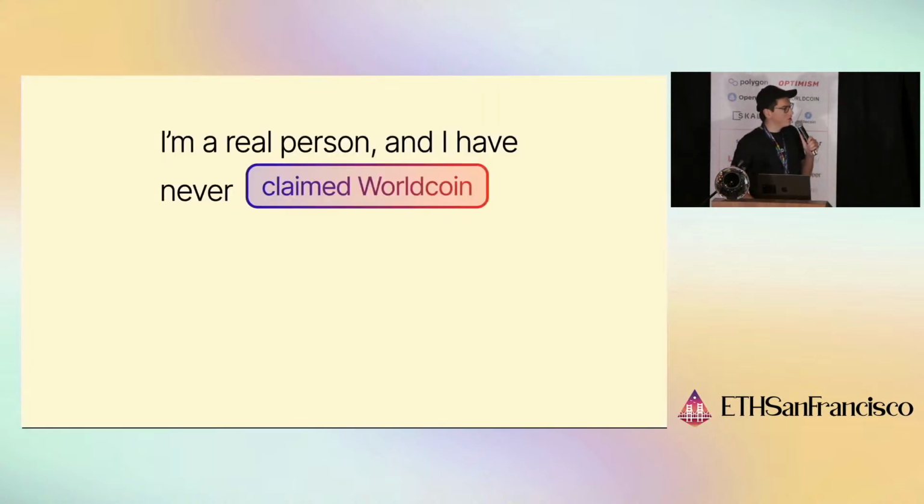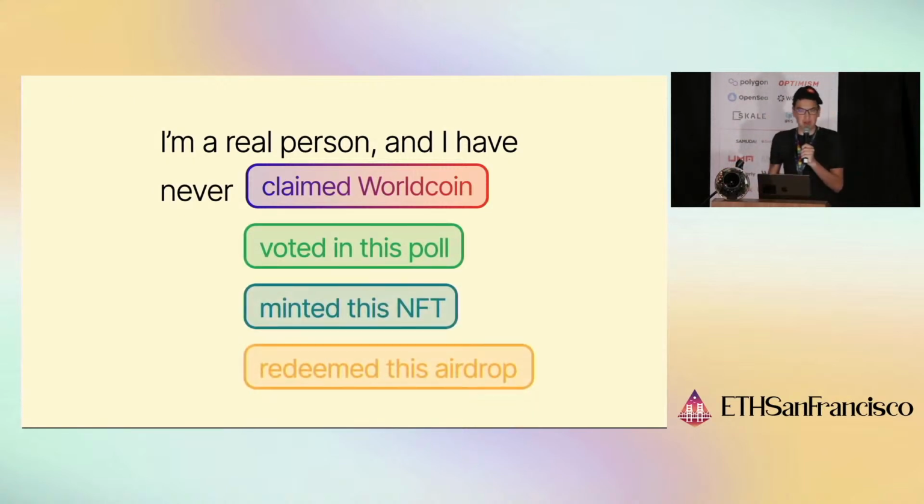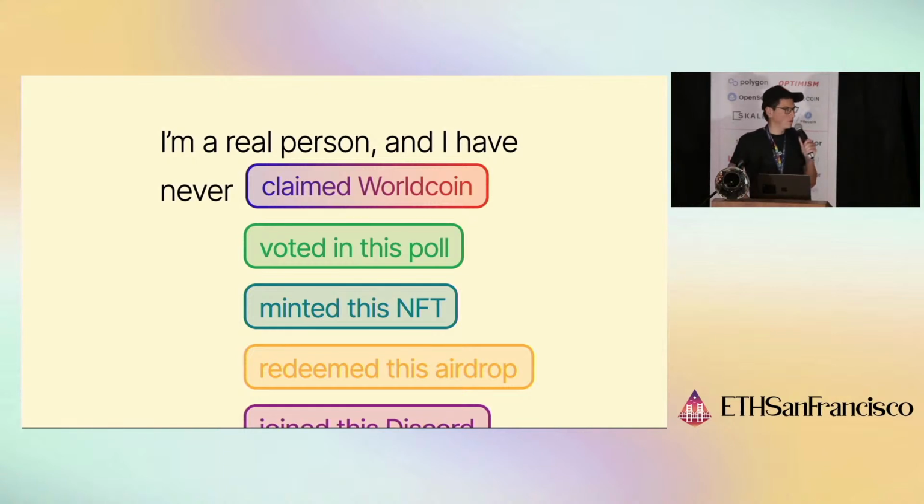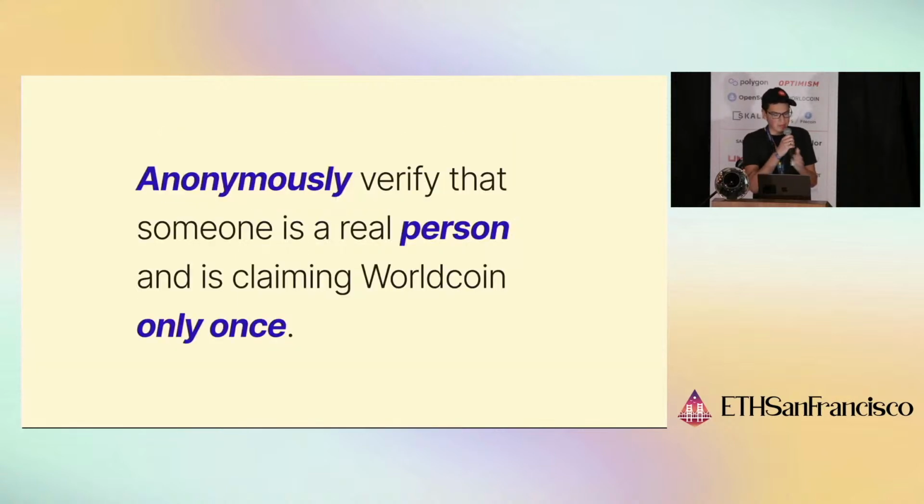With zero-knowledge proofs, what you're able to do is say, I'm a real person, and I have never done whatever action it is before. And you can do this in a completely privacy-preserving way, in a way that if today I use it to claim Worldcoin tokens, and tomorrow I use it to mint an NFT, those are completely separate actions, unable to be traced together. And this is what the Worldcoin protocol is all about.